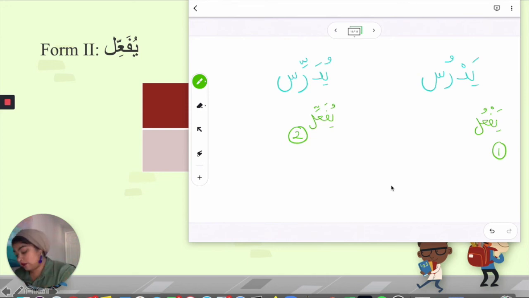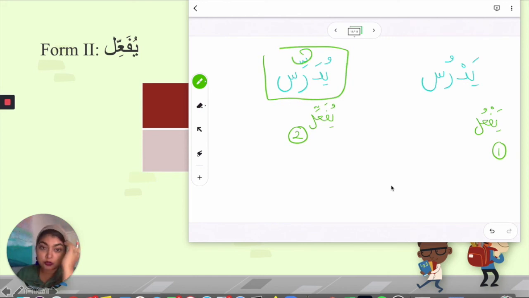The meaning of form 2 with the shadda usually means that it's causative. You take form 1 and you now make someone else do it. So yadrus is to study. He studies. Form 2 means the form 1 verb, you're making someone else do it.